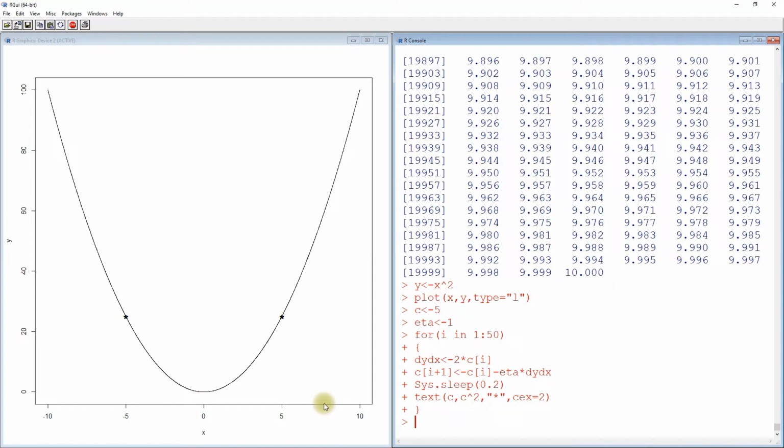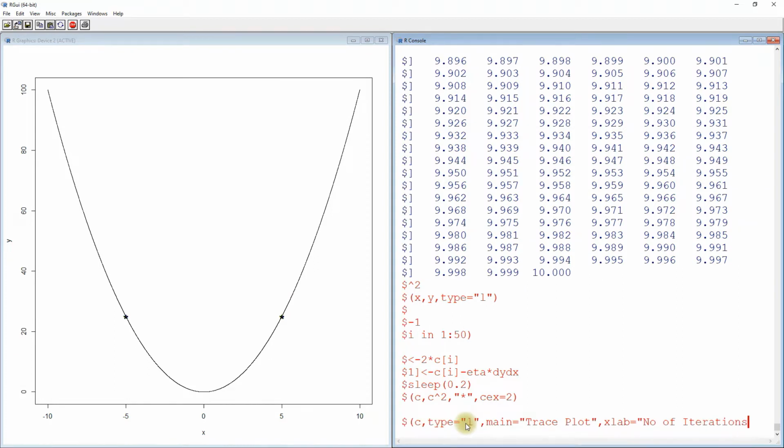So if you want to see what just happened here on a trace plot, I can just show you this. I do plot C and then type equal to L. And then let me call main equal to trace plot. And then the xlab represents the number of iterations.